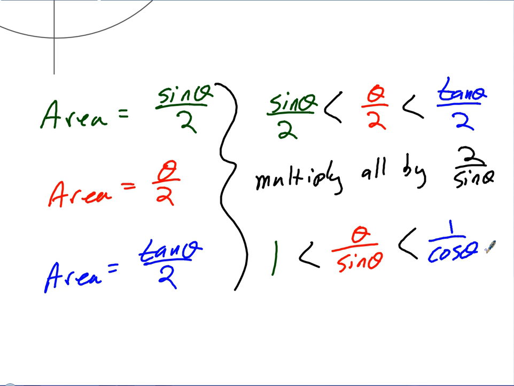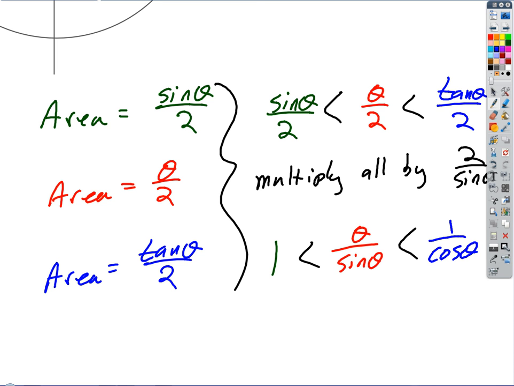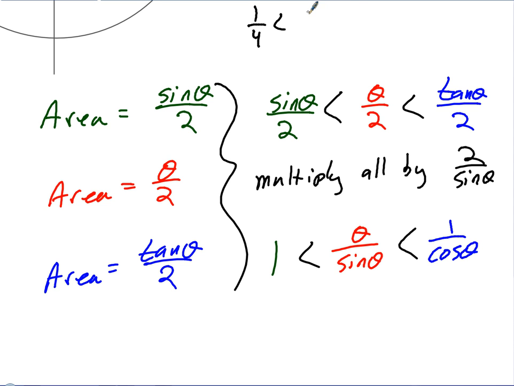Okay. And now another question for you. What happens if I take the reciprocal of all those? If I invert all of those fractions, what's going to happen to the inequality signs? They're going to flip, aren't they? Why is that? Let's take an example with just some static fractions. We know that 1/4 is less than 1/3, and that's less than 1/2.